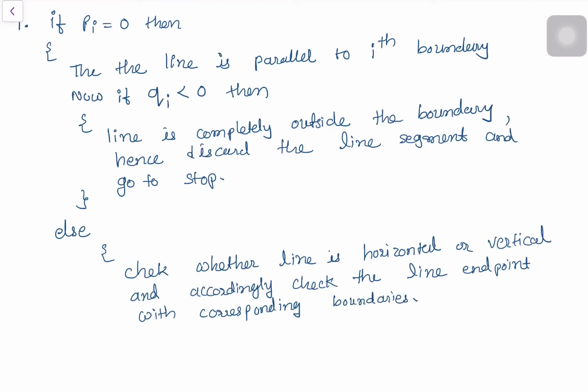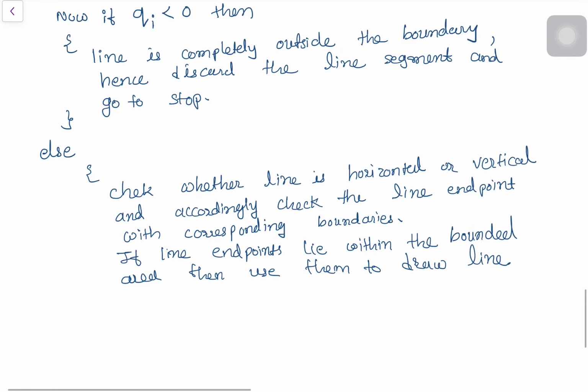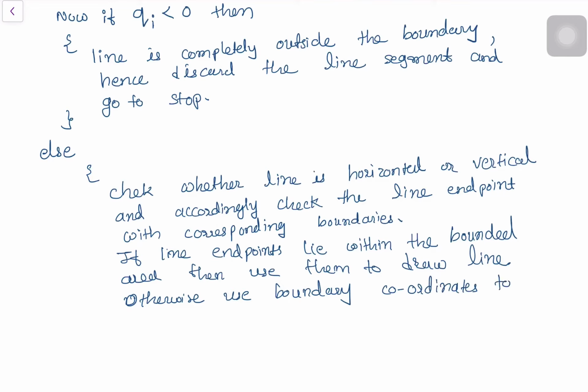If the line and point lie within the bounded area, then use them to draw the line, otherwise use the boundary coordinates to draw the line, otherwise go to stop. This will be our fourth step.